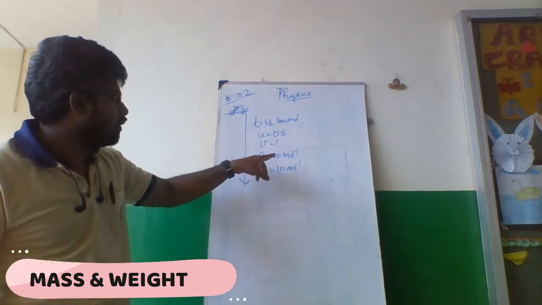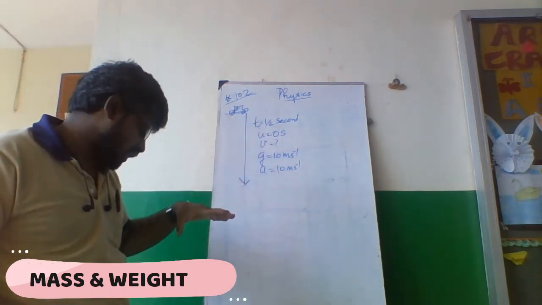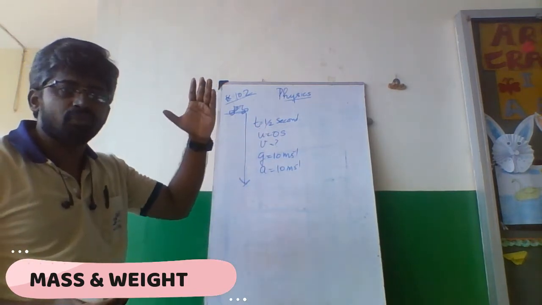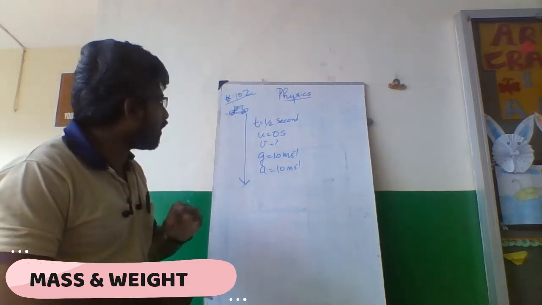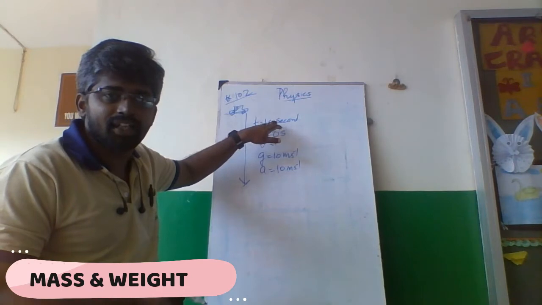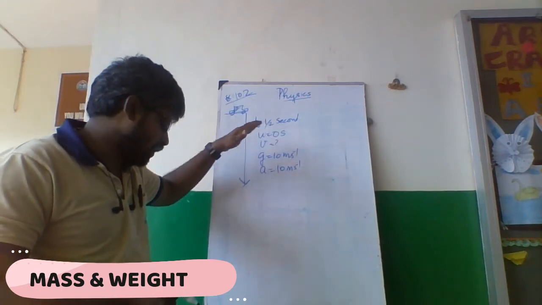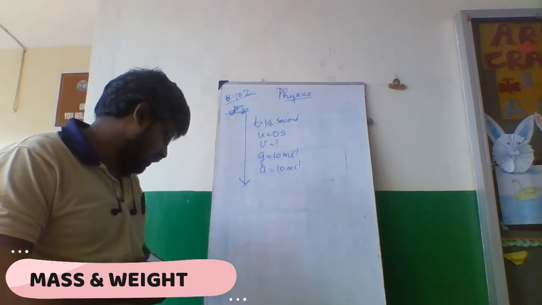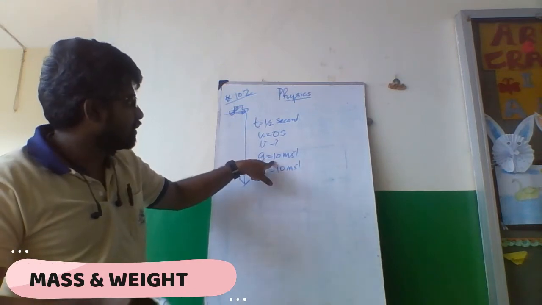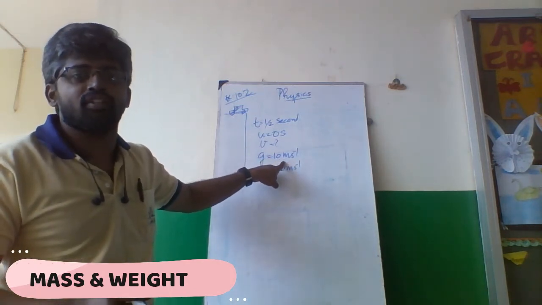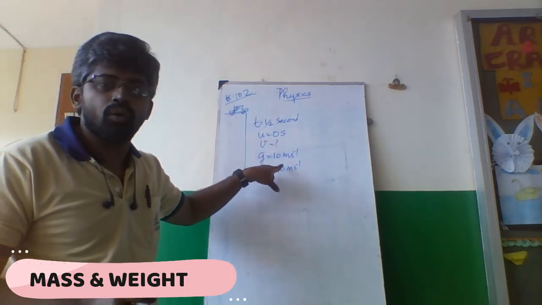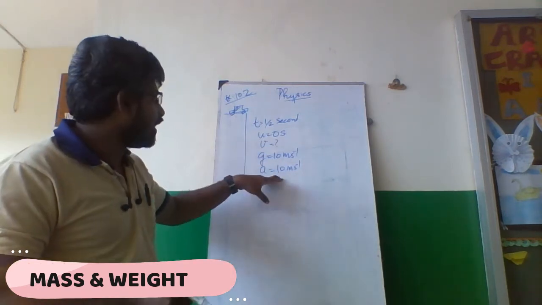Now the question is, a car falls from a ledge and drops to the ground in 0.5 seconds. Half a second, the t is given. Let g be 10 meter per second square. It is 9.8 meter per second square, but for simplifying the calculations we are taking 10.